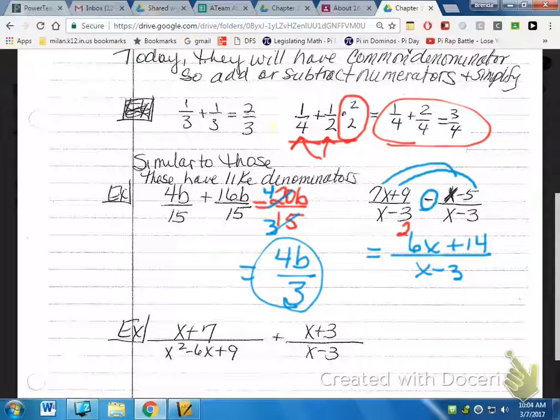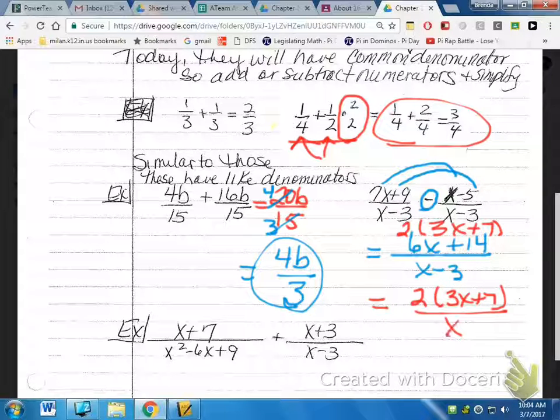So that would factor to 2 times the quantity, 3x plus 7, and since the 3x plus 7 isn't x minus 3, that won't cancel out. But here's how I would write my final answer. 2 times 3x plus 7 over x minus 3. So you basically should factor everything down to see if anything cancels out. And if it does, cancel it out. Questions about that one?